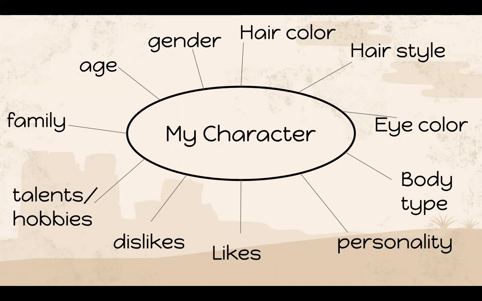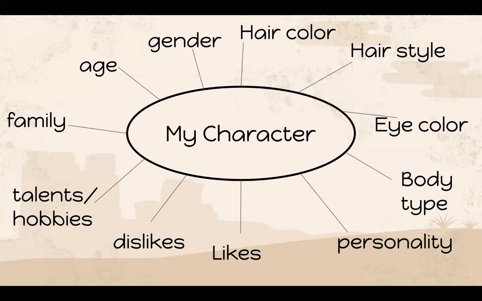And thank you to everyone that posted this on Seesaw because I really liked seeing how creative you all were and everything you came up with in this brainstorm. If you have not finished this character brainstorm, please pause the video at this time and finish that brainstorm and post it to Seesaw before you move on.